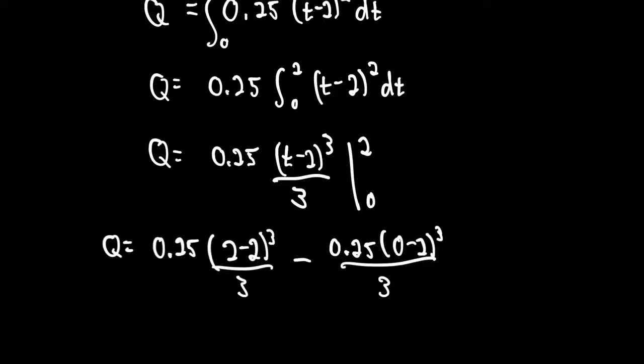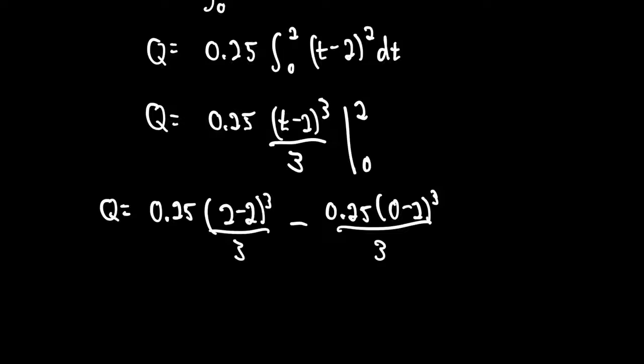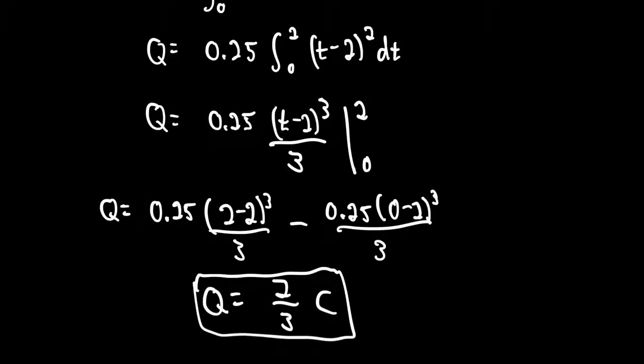So I plug in 2 for t and 0 for t. Do the algebra. Plug that into your calculators, and you'll get out your final answer. Or do it in your head if you're feeling fancy. Do it in your head, get the wrong answer, and lose some points. You get 2 over 3 coulombs.